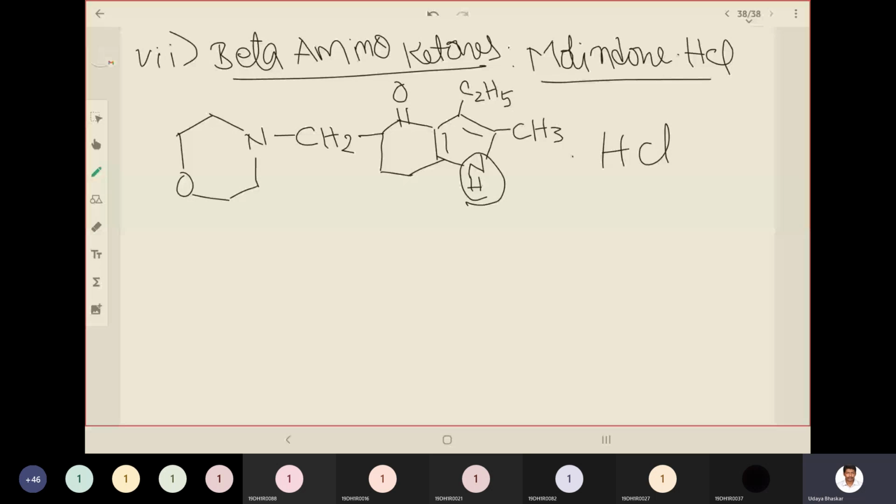To this third carbon, you have the ketone. So this is amine, this is alpha carbon, this is beta carbon, and to this you have oxygen, the ketone. As a beta ketone, it was categorized under beta aminoketones.